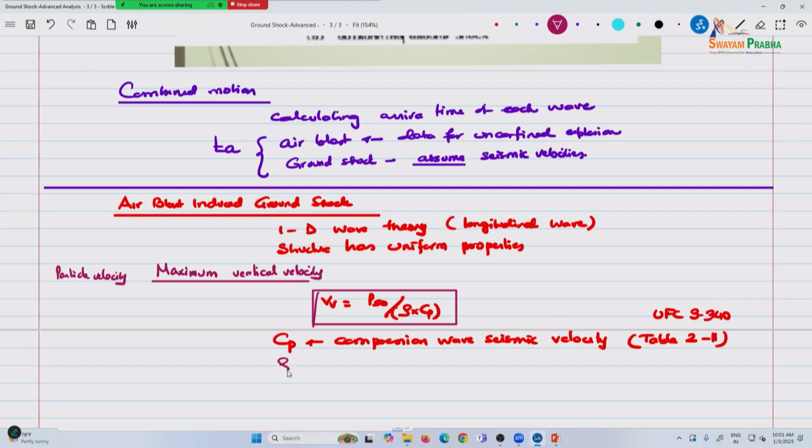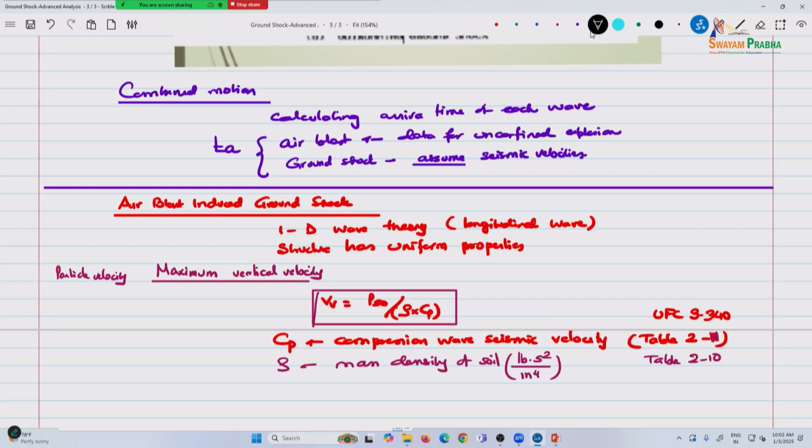Then rho is the mass density of the soil. So, this would be in pound second squared per inch to the fourth. Your mass is weight by g divided by volume. This is table 2-10, and this is 2-11.